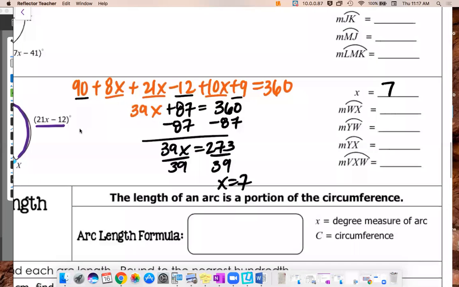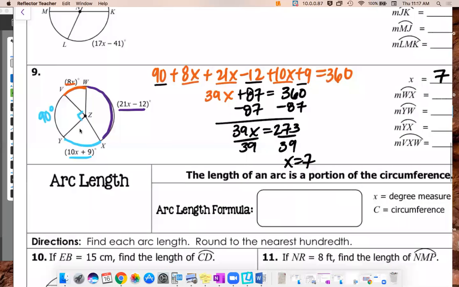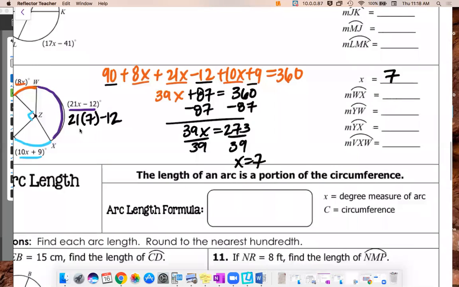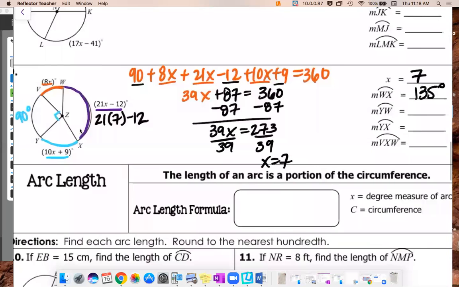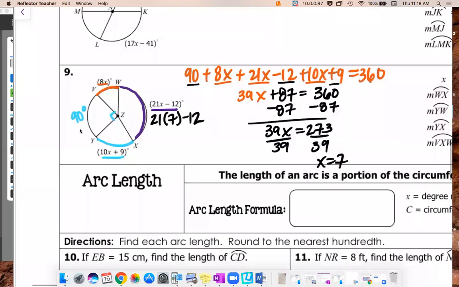Okay, so you get 7 up here, and then you just work your way through what you know. So if you want to know WX, you would just plug 7 into this equation right here, and you would get that the measure of arc WX is 135 degrees. YW is this whole arc. So you would plug in 8 times 7, and then you would add 90 degrees to that to get that entire arc.